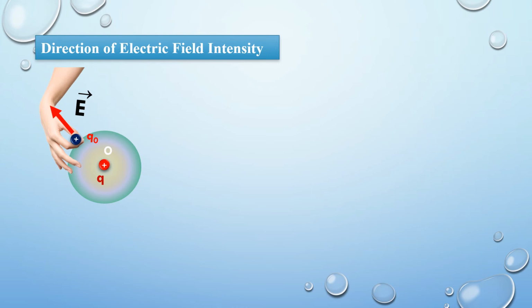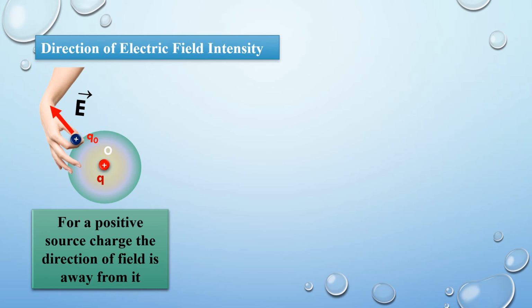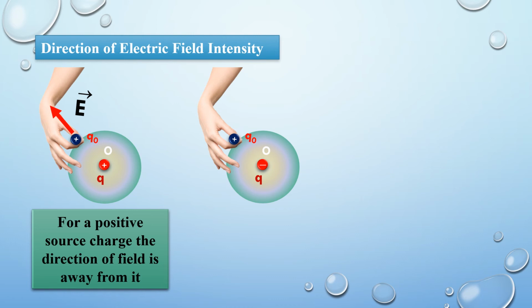So you can directly come to a conclusion saying that the direction of electric field due to a positive source charge is always outwards. Similarly, I can now consider a negative source charge placed at a point, and if I now bring a test charge very close to it, it is known that it experiences an attractive force.